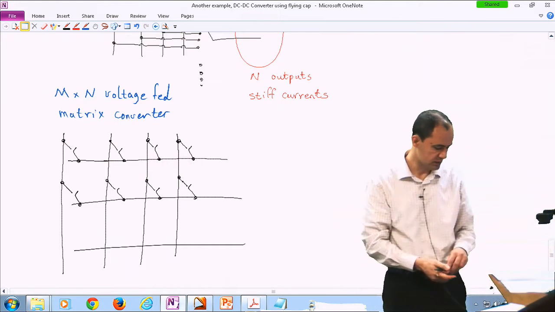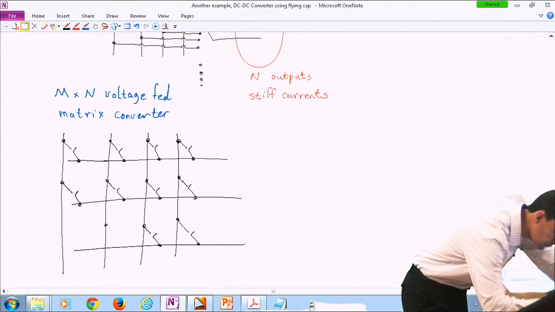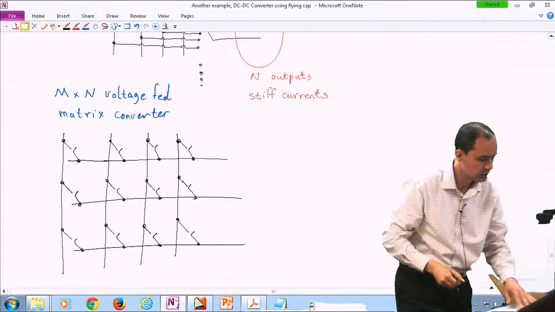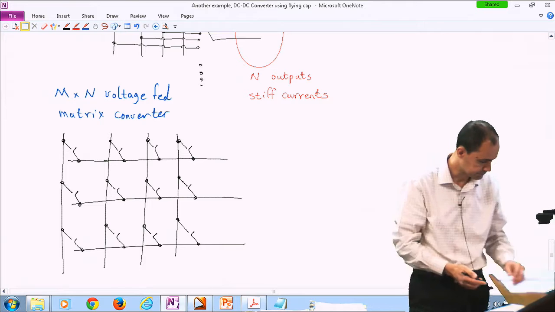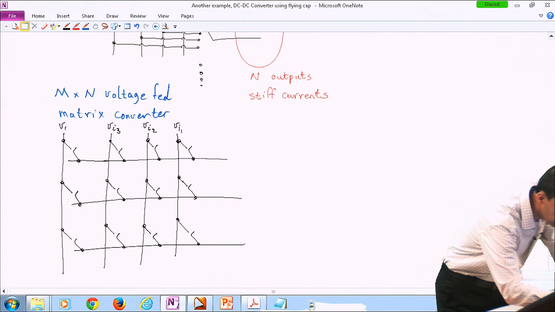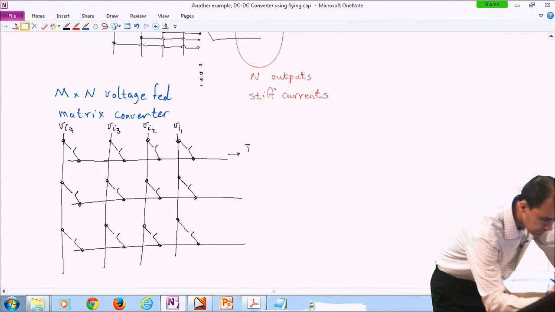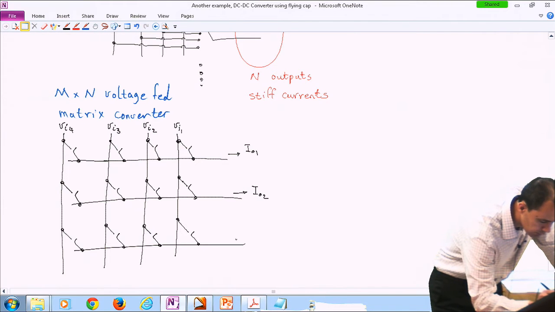How do we realize that single pole M throw switch? This diagram looks more like a matrix. So you still have VI1, VI2, VI3, and VI4, and then you have I out 1, I out 2, and 3.